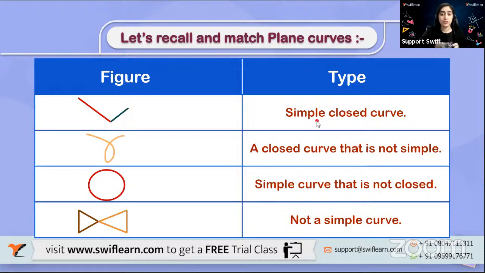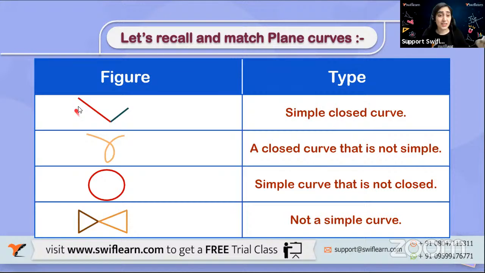Moving on to the next one, it says that closed curve surface that is not simple. So is it a closed curve? No, it is not. So we'll say it is not this option. It is not a closed curve. That is not simple. All right. Moving on to the third, it says it's simple curve but not closed.